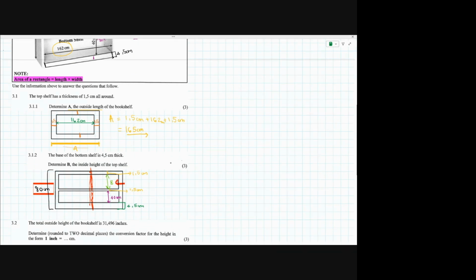Now, there's a few different ways you can set this up, but we know that 80 centimeters would be all of these measurements combined. So 1,5 plus B plus 1,5 plus 40 plus 4,5. And so if we want to find the value of B, we would need to say 80 minus all of those values.